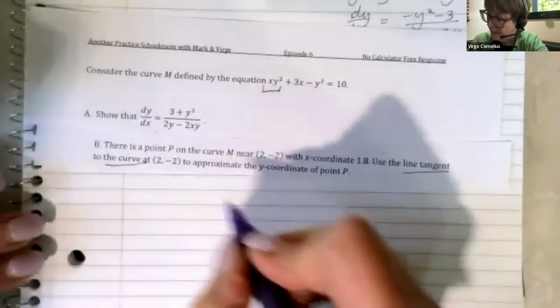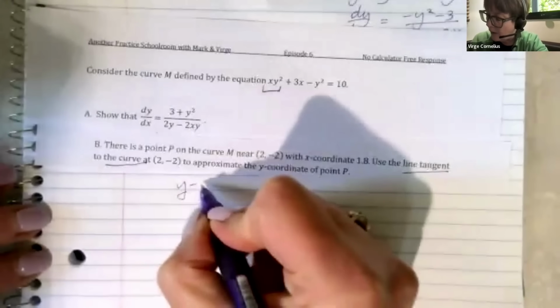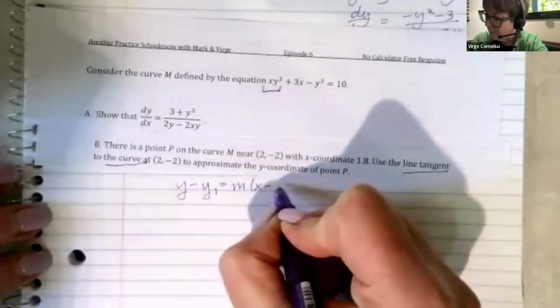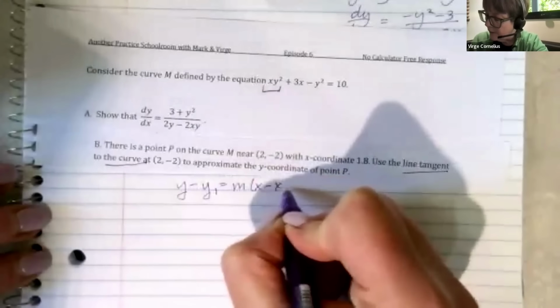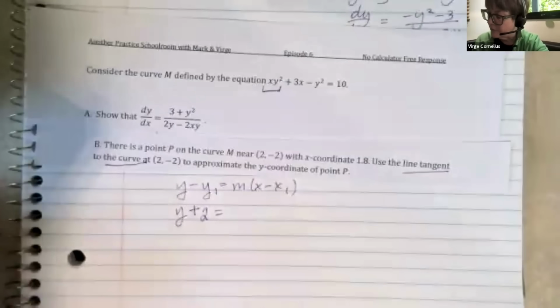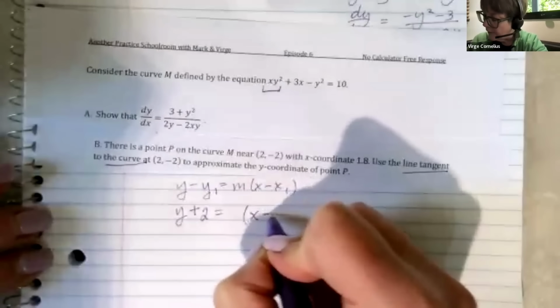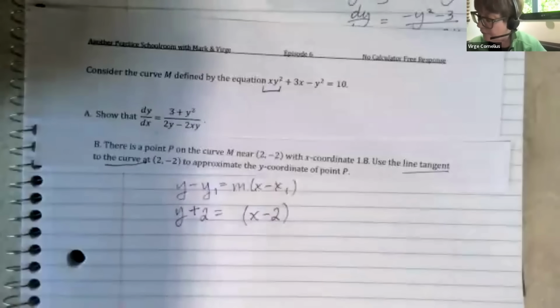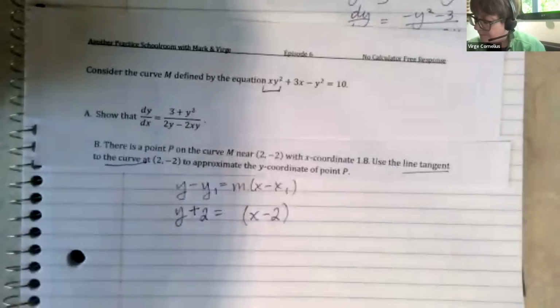And we have the point. So if I'm thinking about my y minus y1 equals m times x minus x1, I can substitute in already my point. My y1 is negative 2, so y minus negative 2 is y plus 2. And then I've got my x minus x1. But how am I going to find my slope?